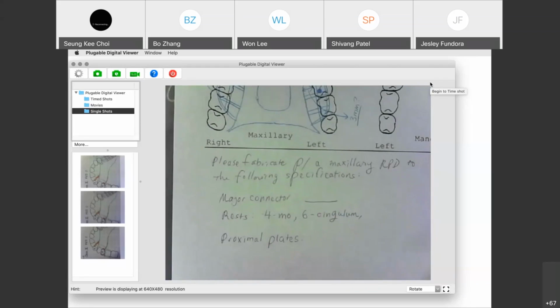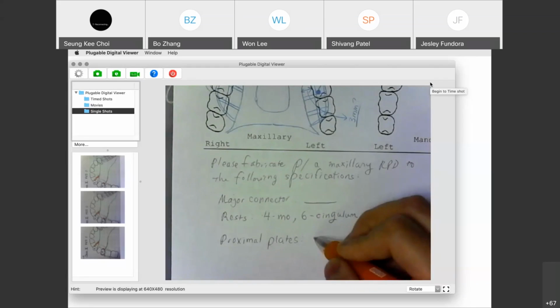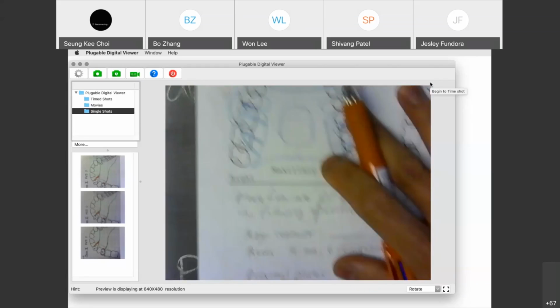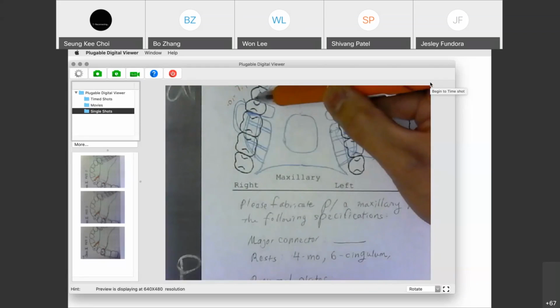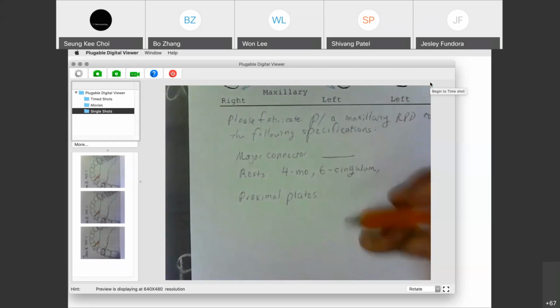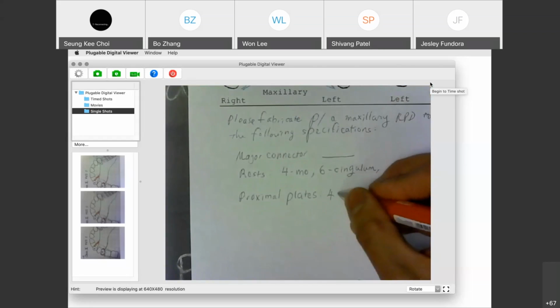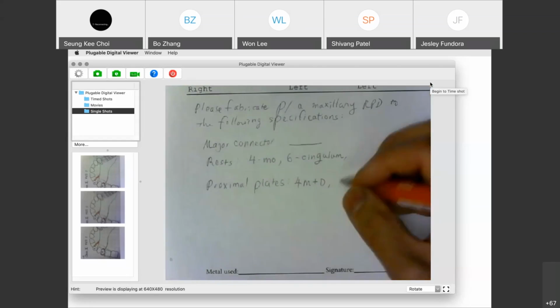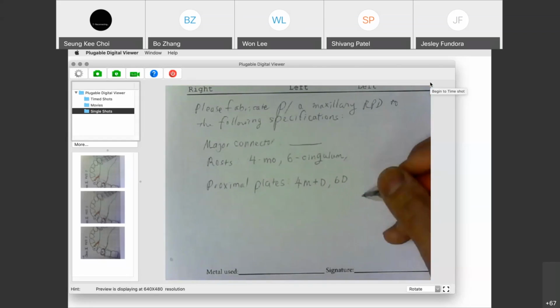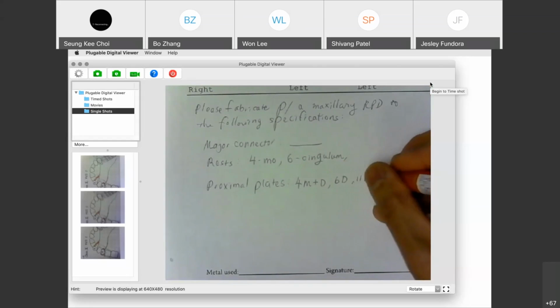Okay, I'm going to write on 4, we've got 2, because we have this plate here facing the edentulous area and this facing the tooth. So I better be writing 4, and I can simply do mesial and distal, okay? 6 should have a distal guide plate. 11, same, distal guide plate.